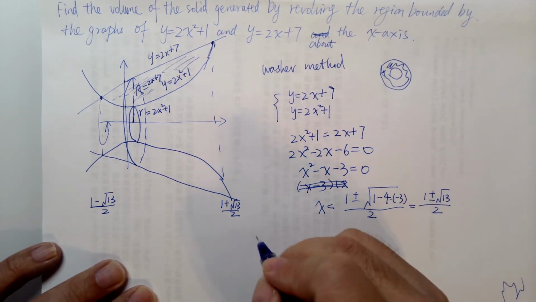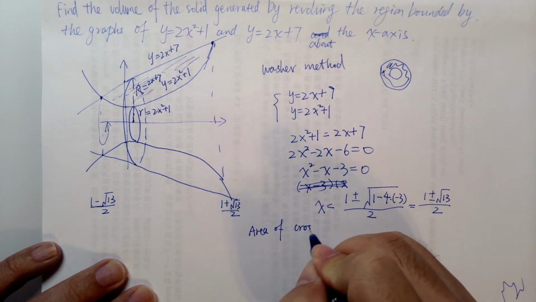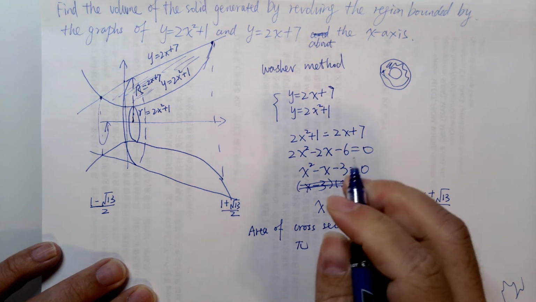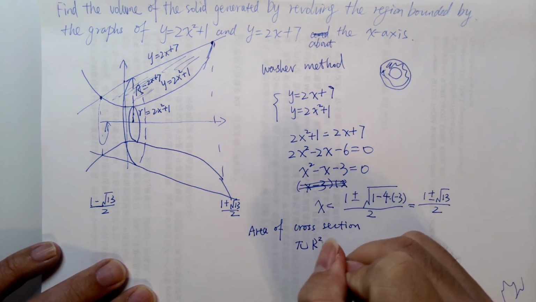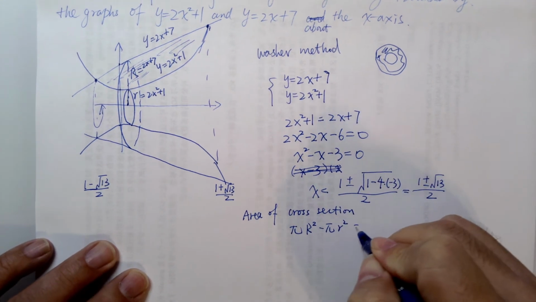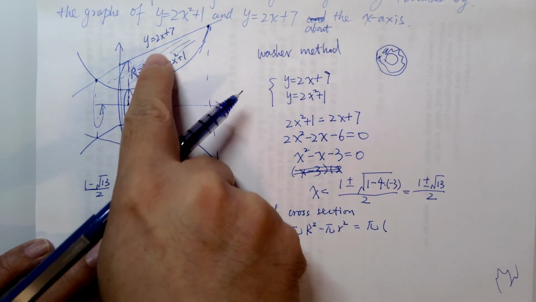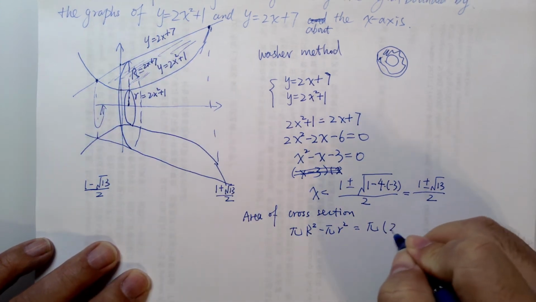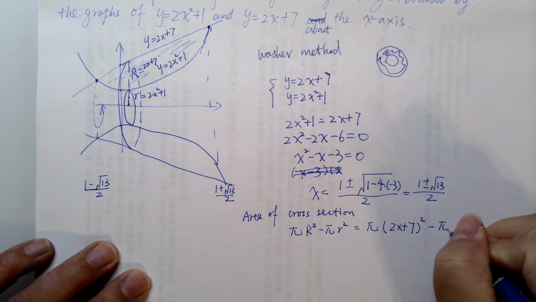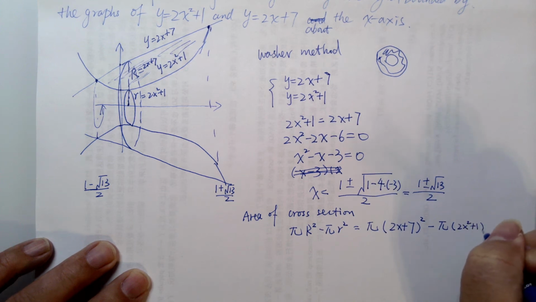And we know that the area of the cross section is going to be pi times capital R squared minus pi times small r squared, right? So put it back, we have pi times 2x plus 7 squared, minus pi times 2x squared plus 1 squared, right?